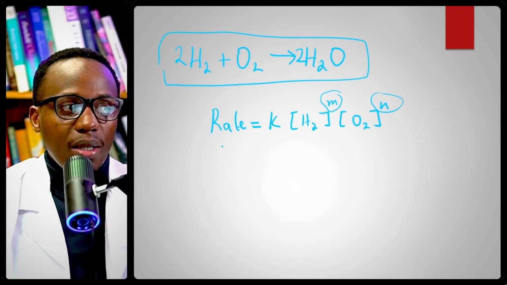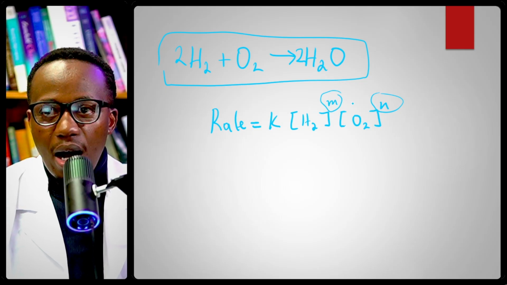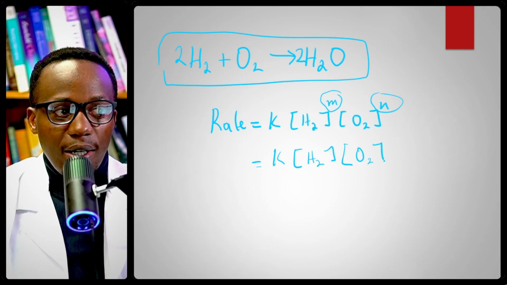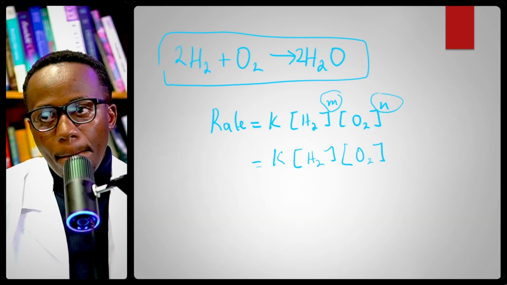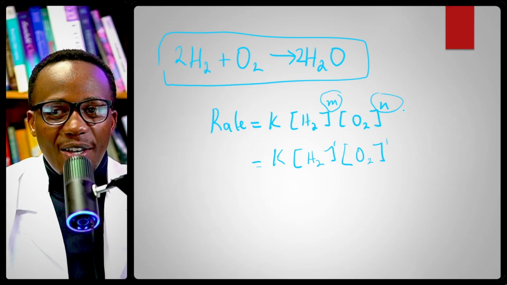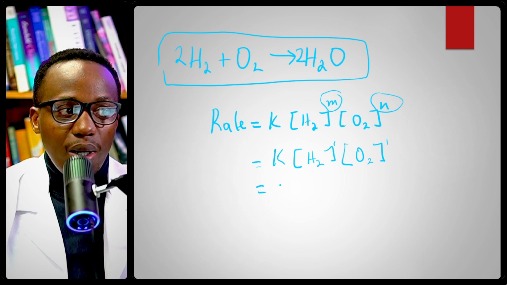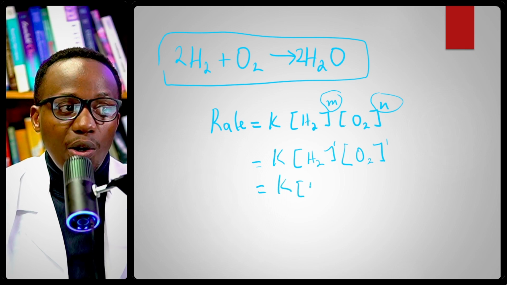Now I want you to see something. Let's say m and n are both one. Then rate will be equal to k times H2 times O2, something like that. But if it's two, for example, the order is two.